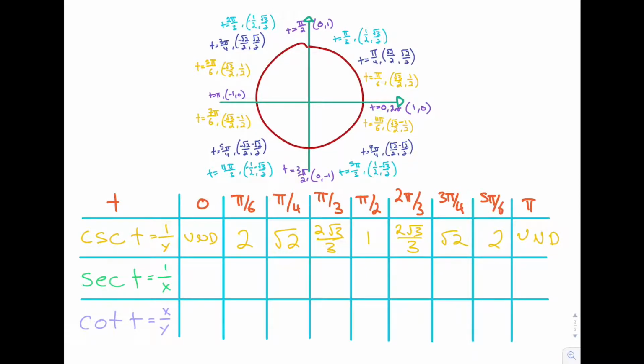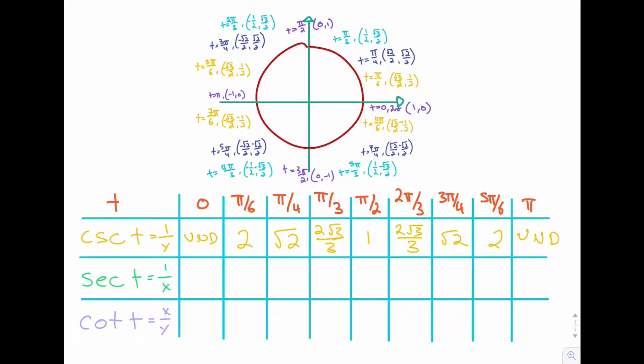So to summarize this, we start really big, we get smaller and smaller and smaller until we hit 1, then we get really, really big again. So you can imagine that once we hit the bottom half of the unit circle, all of these values will go negative. So then we'll flip down to start at negative infinity, increase up to -1, and then go back down to negative infinity.